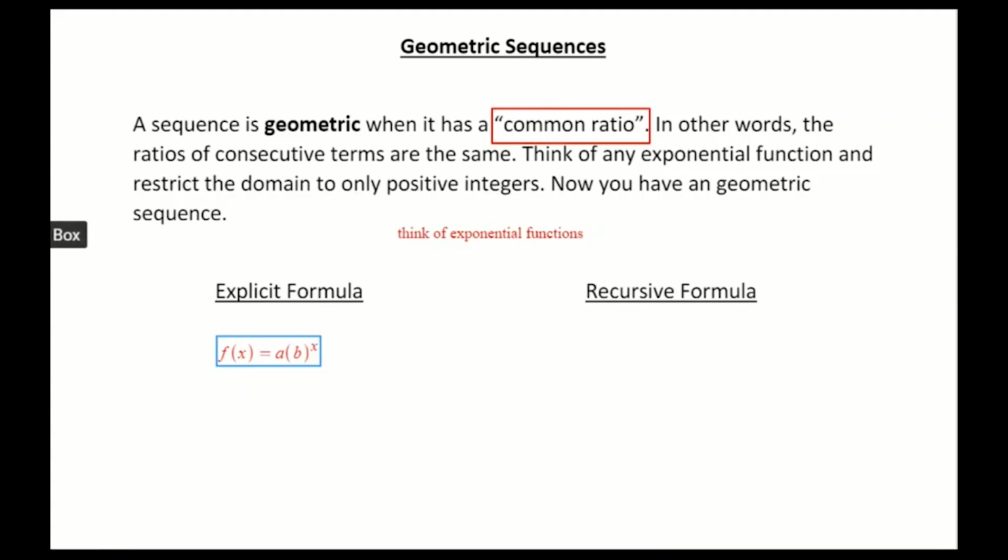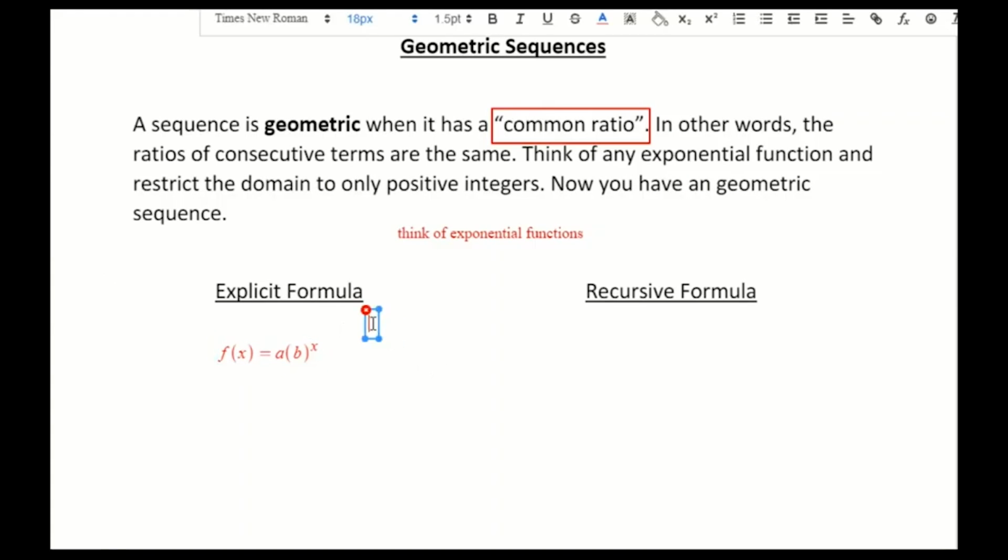Where a is our y-intercept, again, that's the value of the function when x is 0. And then the b is your multiplier.